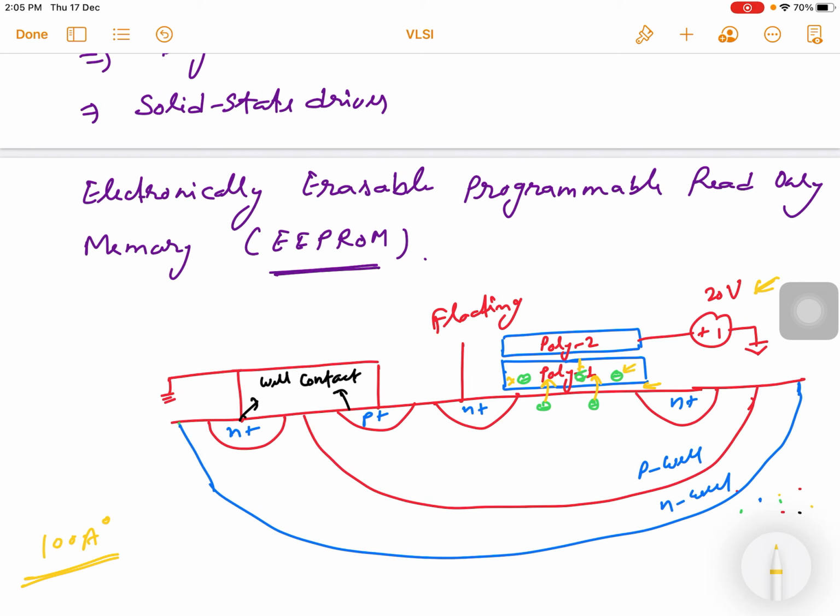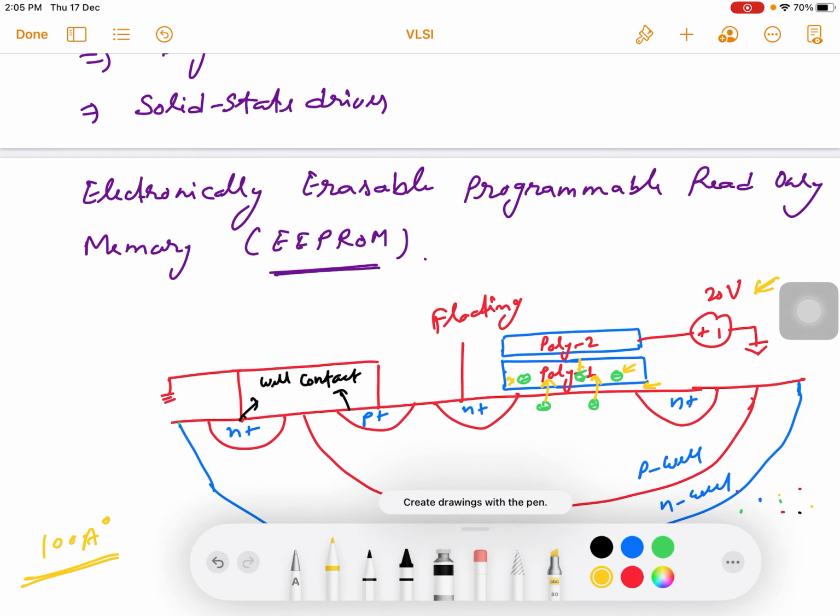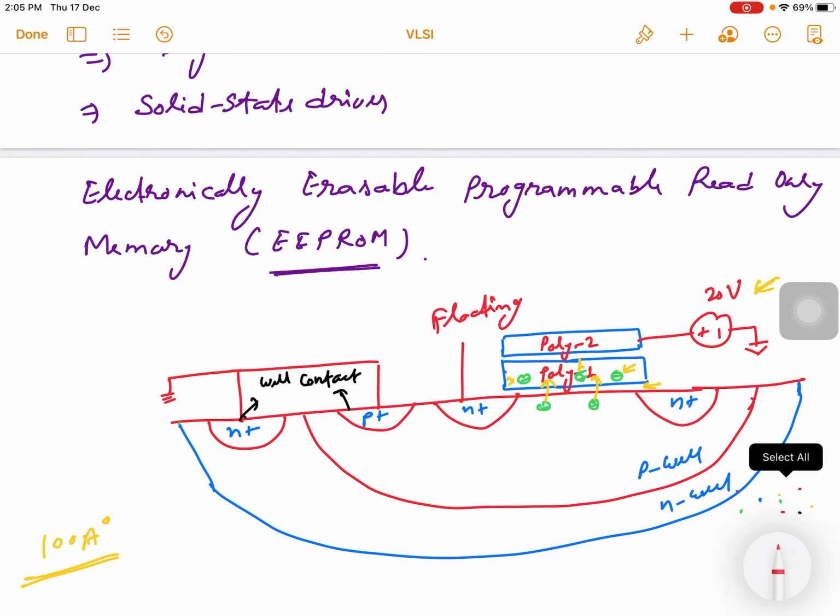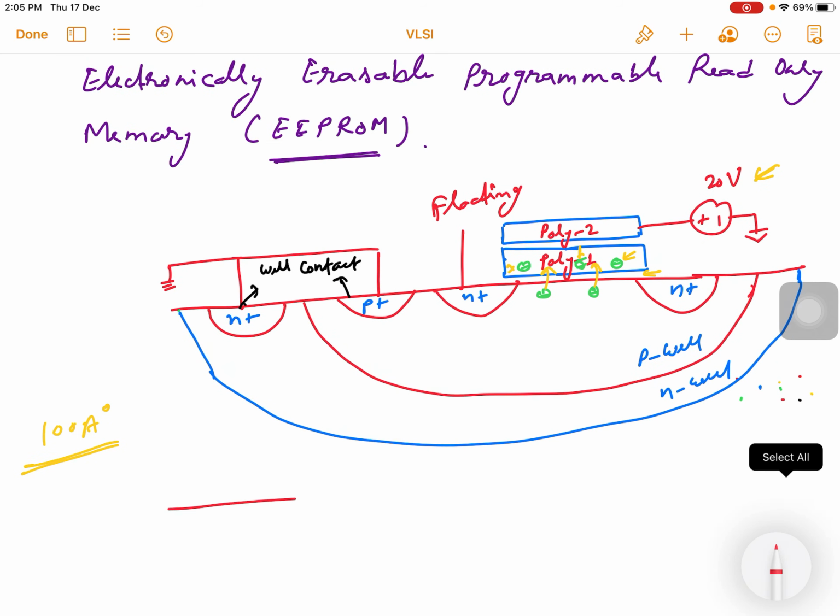They can easily penetrate because, here I have not drawn the substrate part. Obviously, this is your P substrate.